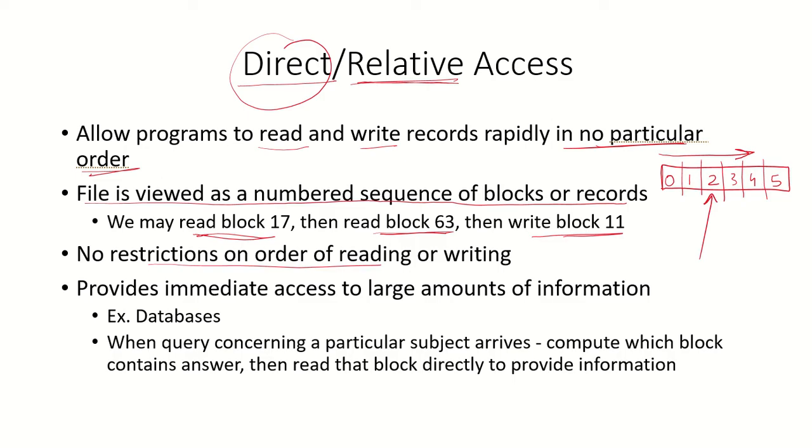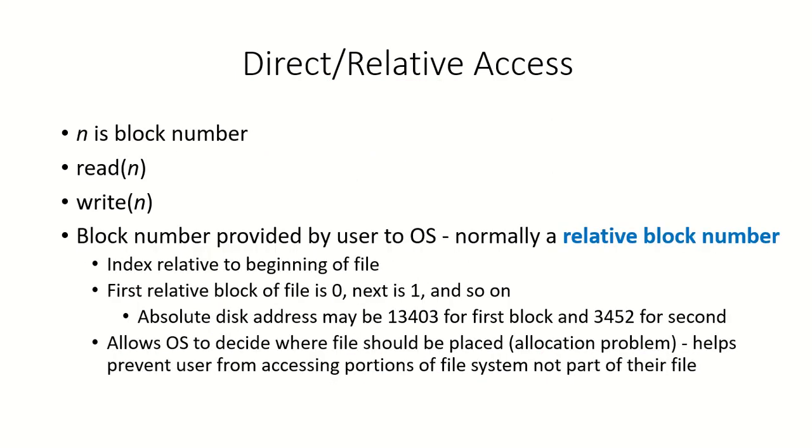This kind of access is useful when we have to access large amounts of information, for example in databases. Whenever there is a query concerning a particular subject, the block which contains the answer can be computed, and that block can be read directly to provide the information.